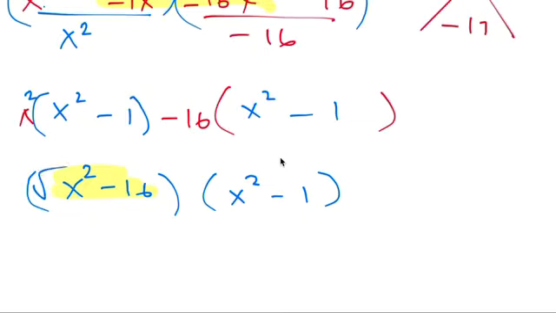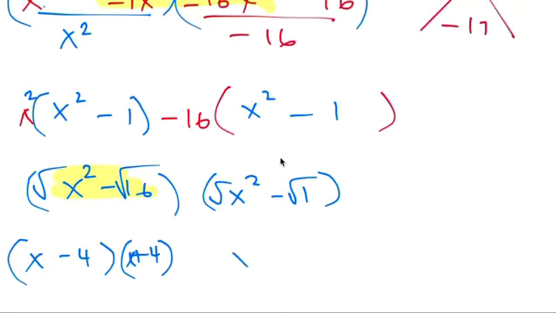This is a perfect square. So to get 0 in the middle, you have -4 plus 4 to get 0 for A and B. So you get x minus 4 and x plus 4. Same thing here, square root of that, you get x plus 1 and x minus 1.